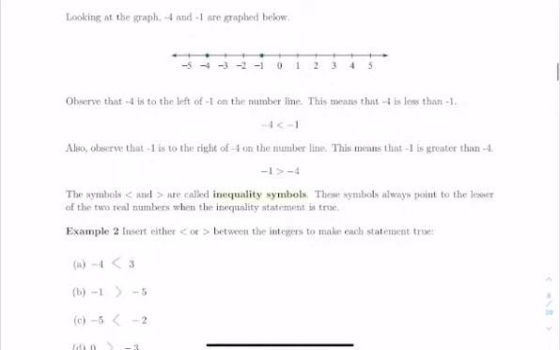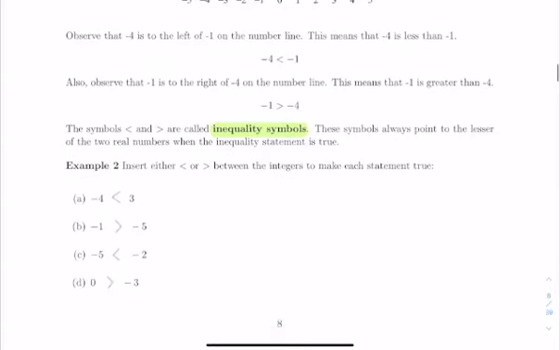These symbols are called inequality symbols. These symbols always point to the lesser of the two real numbers when the inequality statement is true. So we need to insert the right symbol. Between -4 and 3, since 3 is positive and -4 is negative, we will always have 3 greater than -4. So -4 is less than 3.